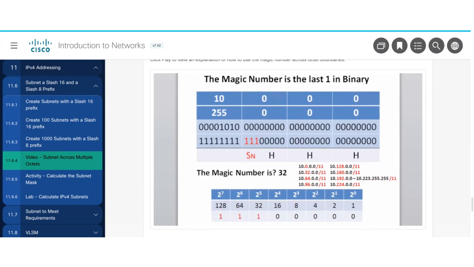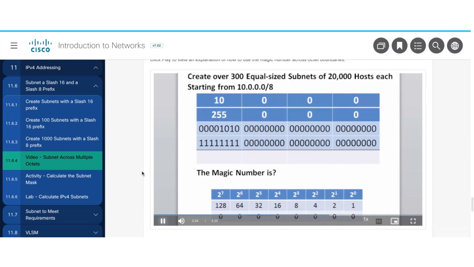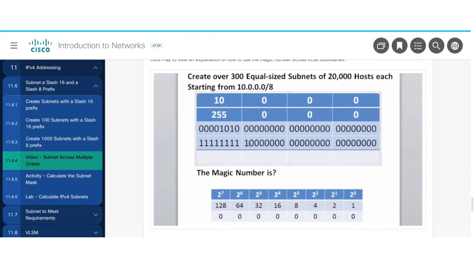What about a more difficult scenario? In this scenario, we need to create over 300 equal-sized subnets of 20,000 hosts each, starting from the 10.0.0.0/8 network. So we need to create a lot more subnets, and we need a lot of hosts. Looking at this situation, we know that we're going to need to borrow bits from the host portion of our subnet mask. The question is, how many bits will we borrow? If we borrow 1 bit, we have 2 subnets.